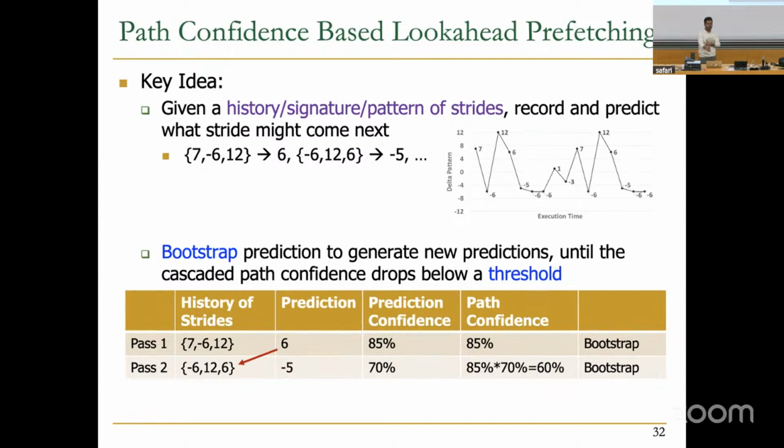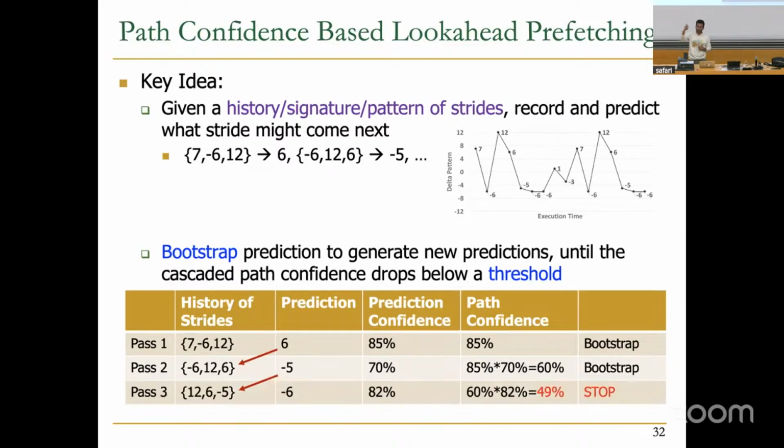But you can also keep measuring, saying that this prediction, this correlation, is 70% confident. So what is the total path confidence? You were initially 85% confident, now you're 70%, so you're actually operating on that path at 60%. You're giving a 60% bet that you are on the correct path, that this is what the program is going to need.